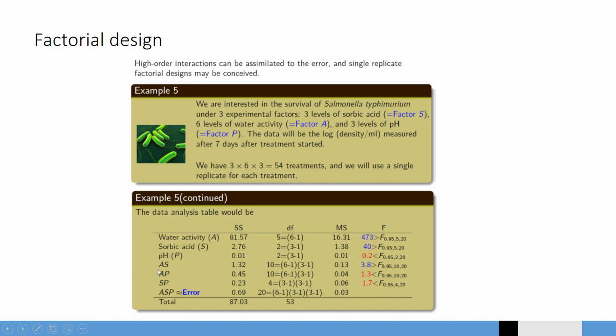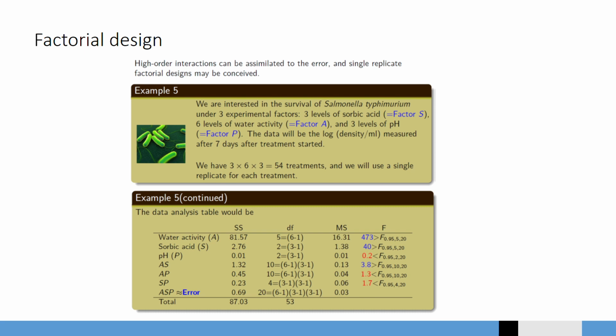So this water activity with this amount of sorbic acid, does it have a positive effect or a negative effect? So these are the second order interactions, and these are the third order interactions. And yeah, we cannot explain everything in just a couple of hours, but I'm referring to a course that I'm giving on experimental design, and all these details are much more detailed there.